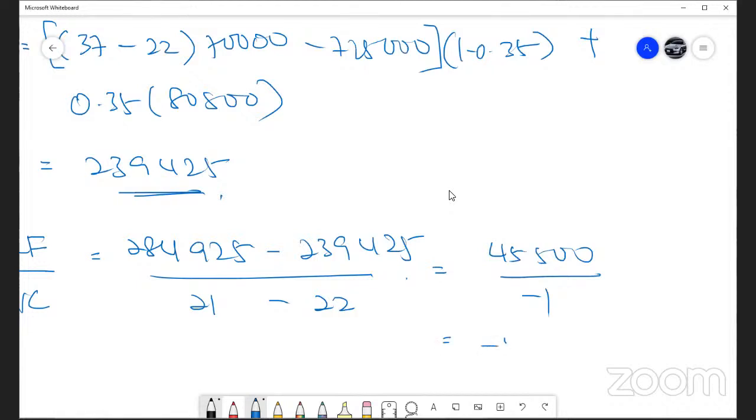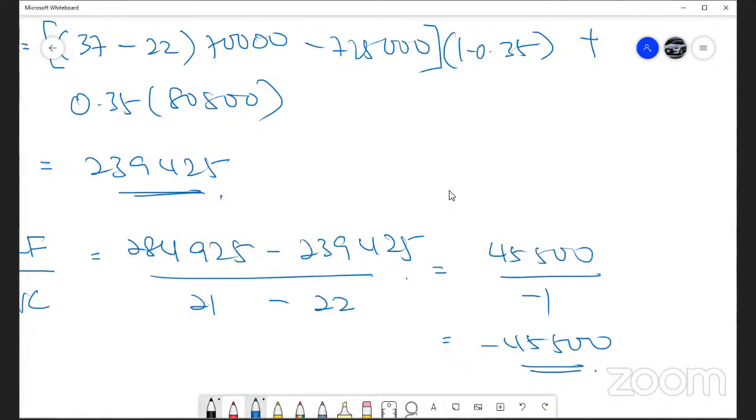So the answer is -45,500, which means for every increment of 1 unit, your cash flow will drop by 45,500.